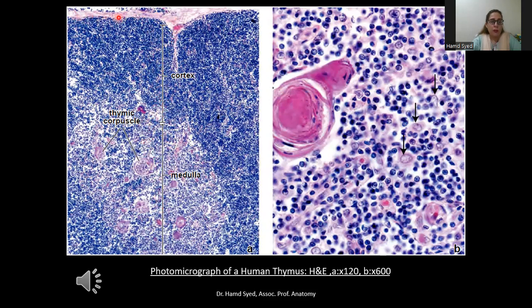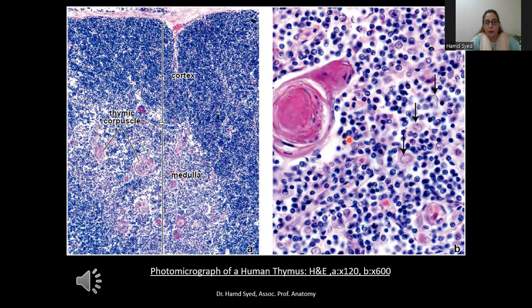Externally, you can see the eosin stained connective tissue capsule, and also the septum or trabeculum, which is extending from the capsule inwards. We see that this medullary region has some light pale staining eosinophilic structures, and these prominent structures are known as the thymic or Hassel's corpuscles.